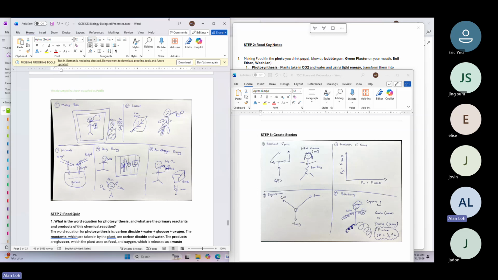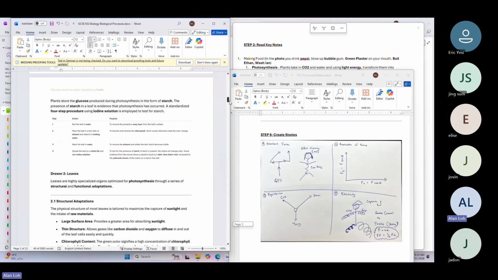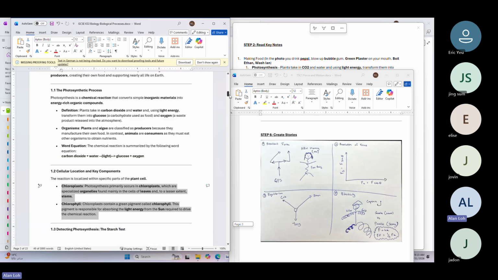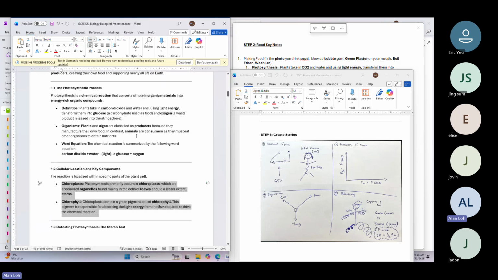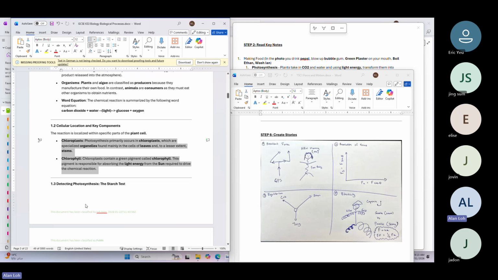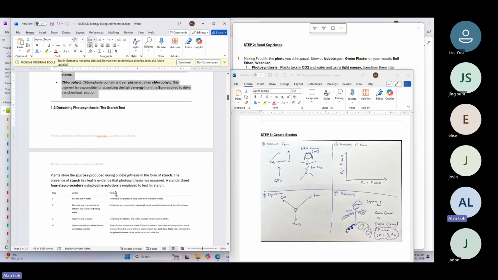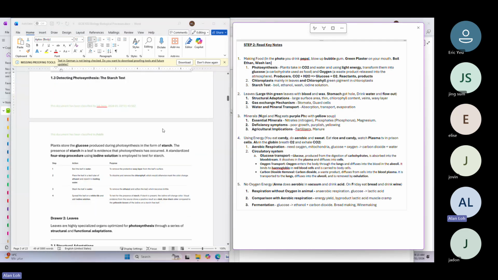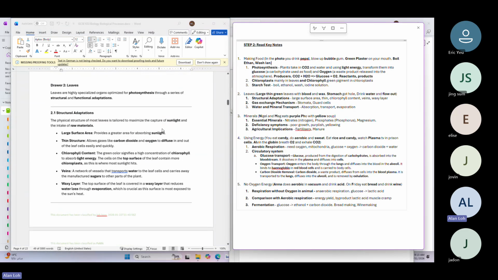So by doing the revision, by just reading this 1, 2, and 3, you already have quite a good understanding about what is photosynthesis, right? So let's continue on drawer number 2.